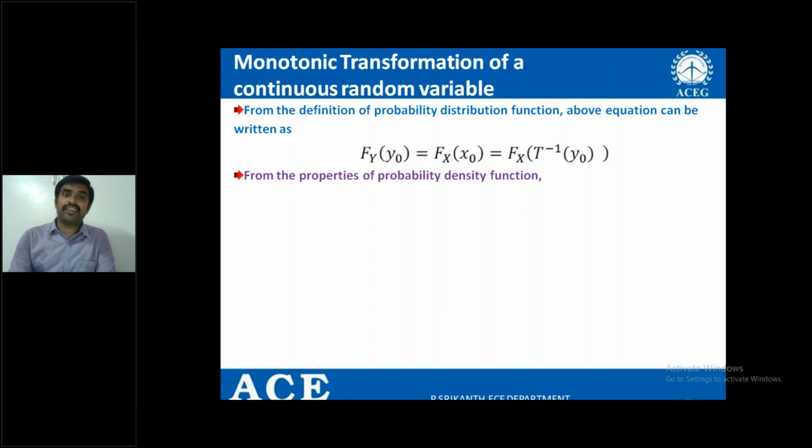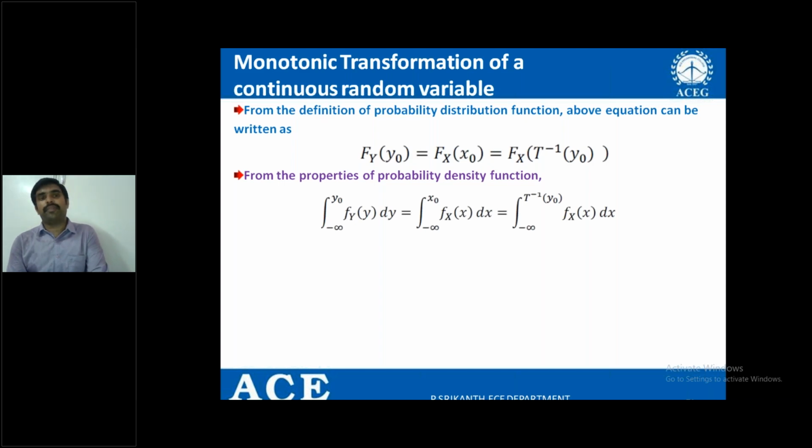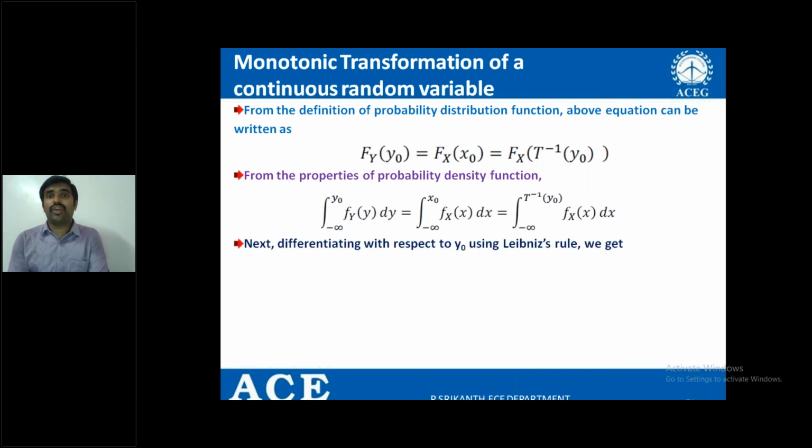From the properties of the density function, if the above relation is valid, how do you write it? Applying the density function property, the integral from minus infinity to y naught of f_y of y dy equals the integral from minus infinity to x naught of f_x of x dx. In other words, I can also write the integral from minus infinity to t inverse of y naught of f_x of x dx, right?